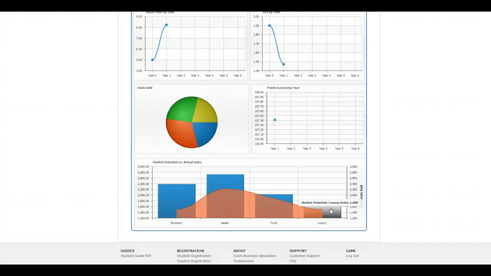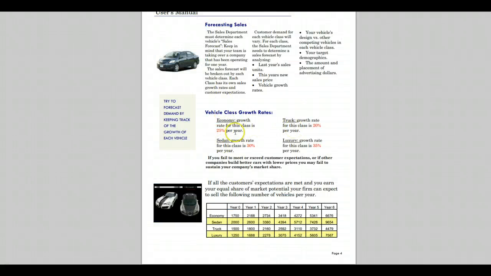So I'm going to escalate these by these percentages: 25, 20, 30, and 35% for each of the classes. You can see that my actual performance was higher than the guideline for year 1. So I must have built cars that were more attractive than the average competitor. I built good cars, I just didn't make enough of them. So my forecasting was weak, and that was a fail on my part.